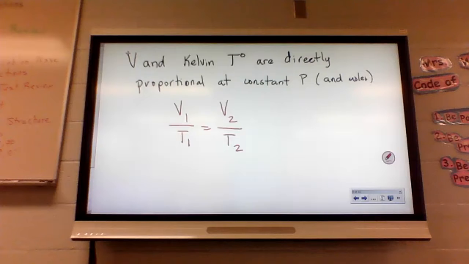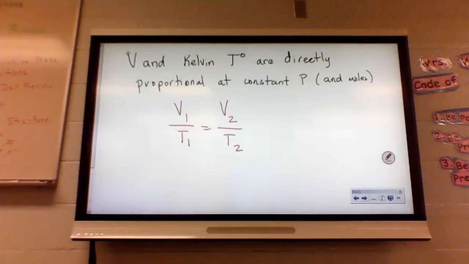Absolute zero. What kind of number do we not want? A negative number. We don't want negative numbers.